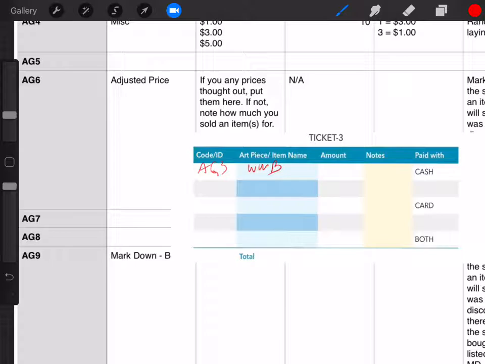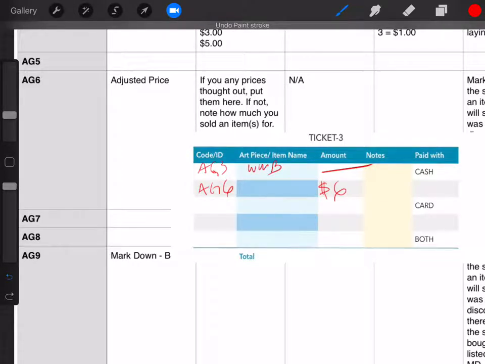And then I put AG6. So again, cross out that amount. You can either put the item name or not, they're going to see it. I'm going to put, what did I say, $6. And then I'm just going to total it down here, $6. And then I'm going to give them the slip. The customer is going to go up to the register and pay. Pretty easy, pretty easy.